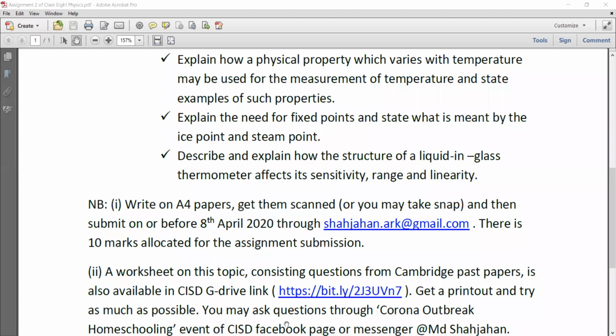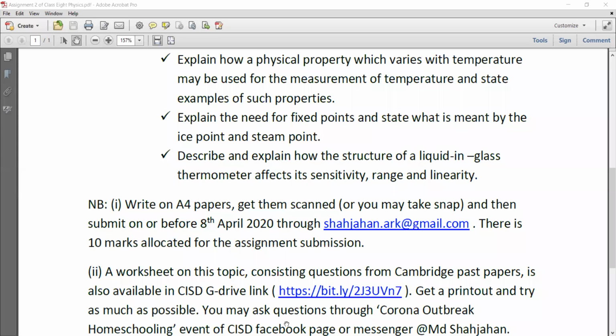The more the liquid thread rises for a specific temperature rise, the more sensitive the thermometer. Clear to everyone?